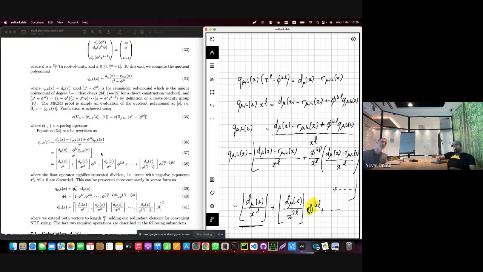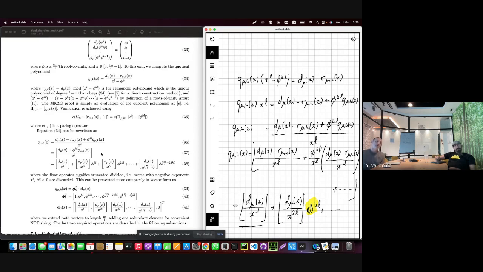Because if I were to add another term, the denominator of the next term would have been x to the power n. Because my monomial is x to the power n minus 1, I don't care about that term already when I do the floor operation. Okay?